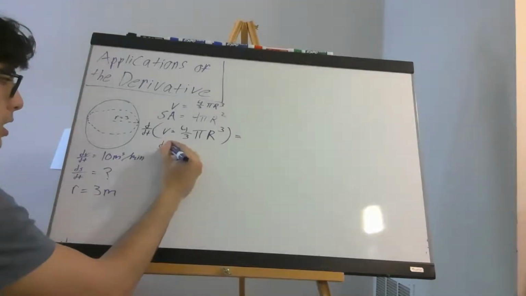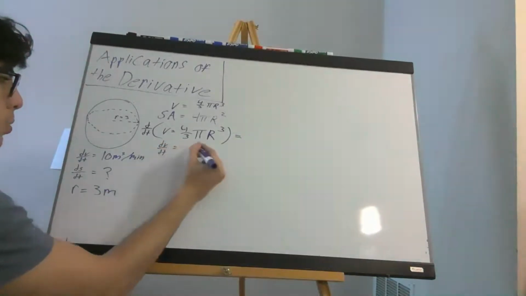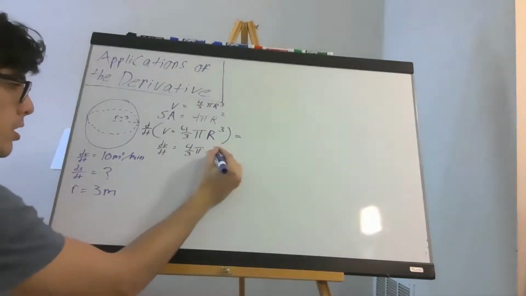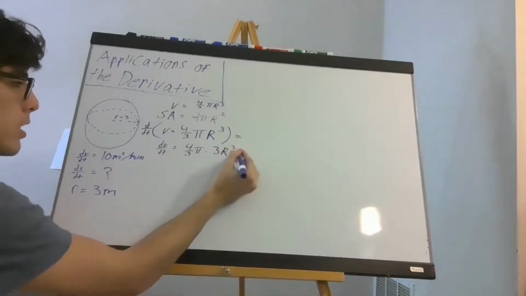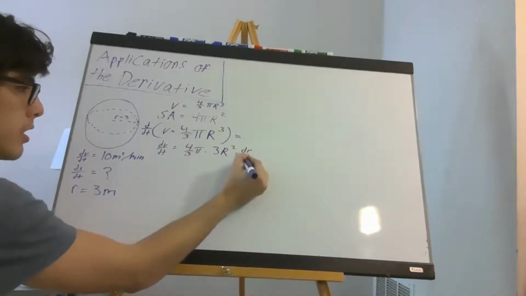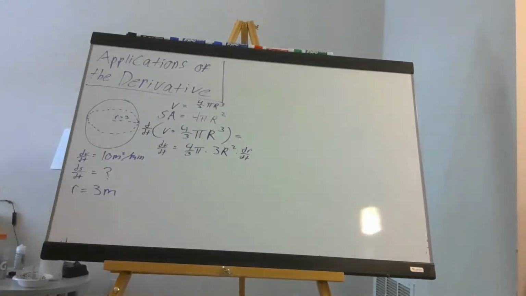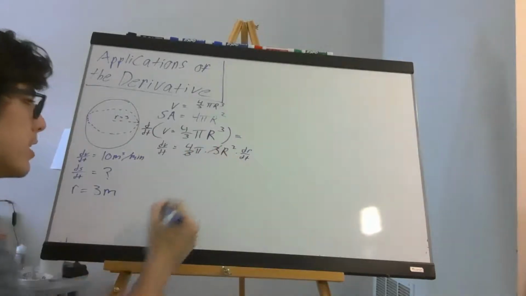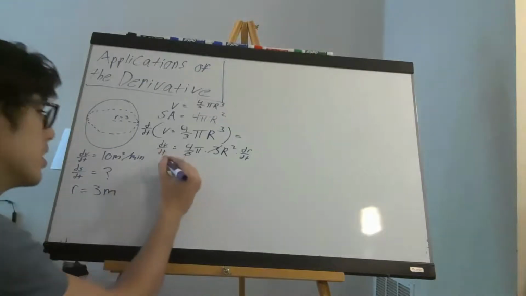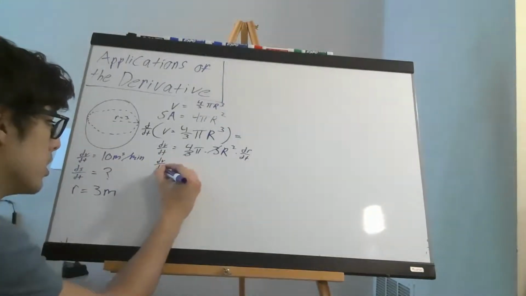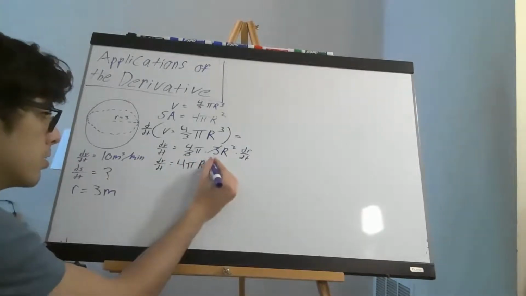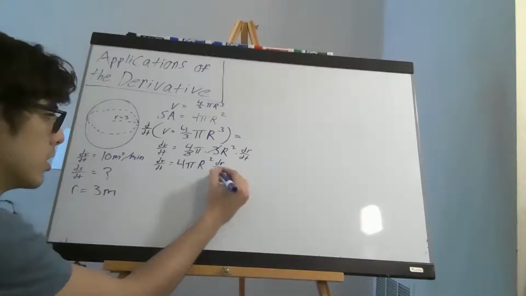So this is just going to be dV dt is equal to 4 over 3 pi times 3 r squared times dr dt. And this is just some basic implicit differentiation. You should be quite comfortable with that at this point. So we're going to cross out these 3's here because fractions. So we're going to get dV dt is equal to 4 pi r squared dr dt.